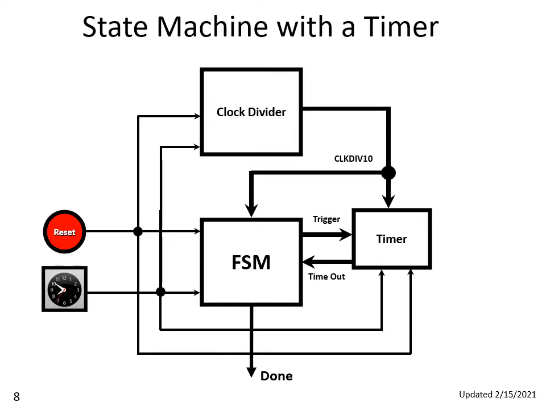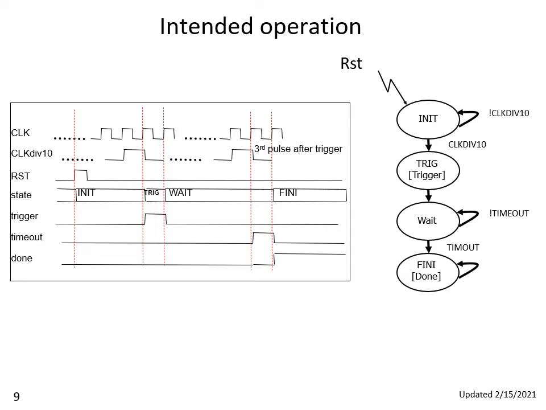It's just that I wanted to create something small and simple enough to do in a short time and still explain some of the concepts regarding the way a controller works, and particularly the way the state machine interacts with timer blocks. So this timing diagram, as well as the state transition diagram, illustrate how this design is intended to work.